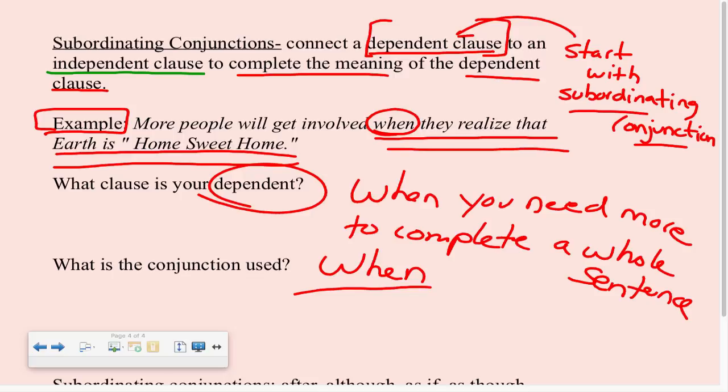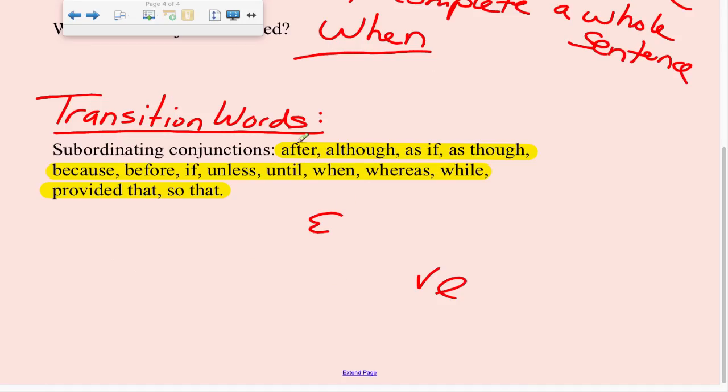When I read a dependent clause, I need more. I know that there has to be another half of the sentence to make sense. Even though is a good one.